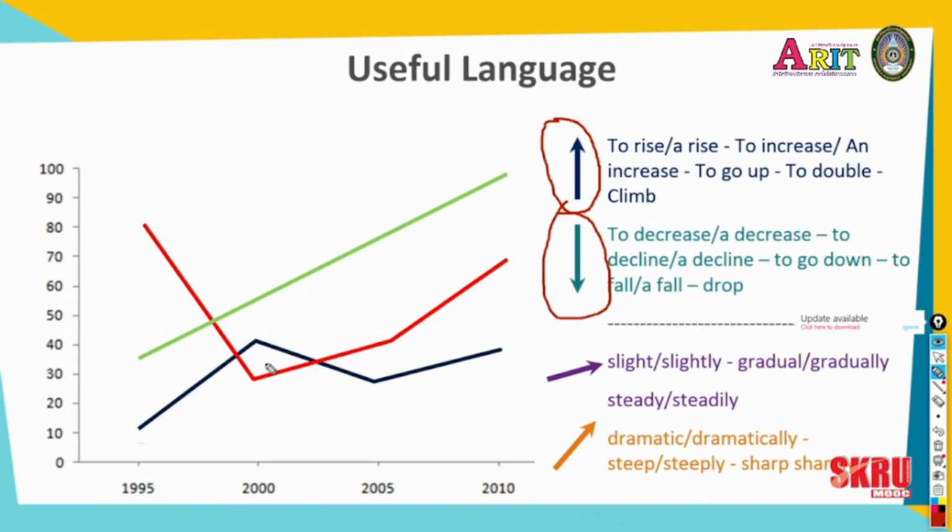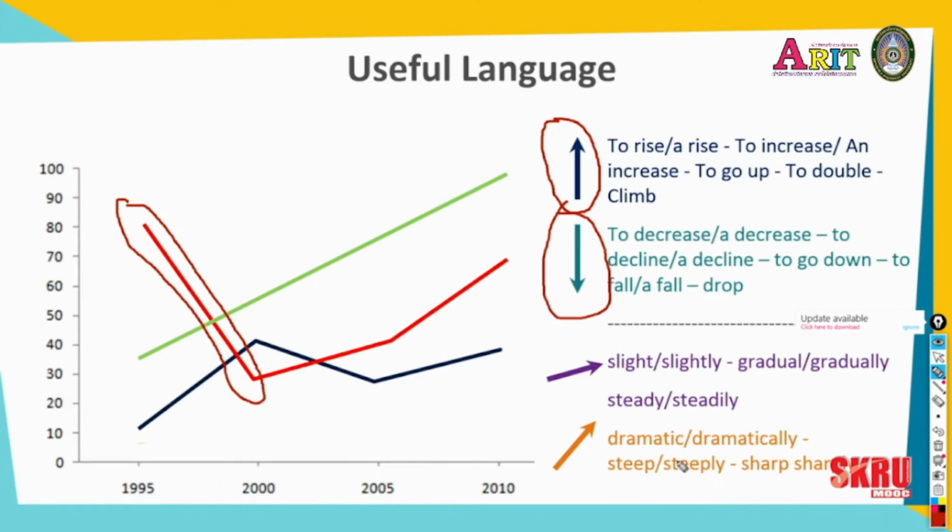Sometimes it goes up or down a lot. You can see the red line here. The drop, the fall, is very steep. From 5 years ago, it goes from 80 million down to less than 30 million. So it's a dramatic drop, a steep or a sharp drop.